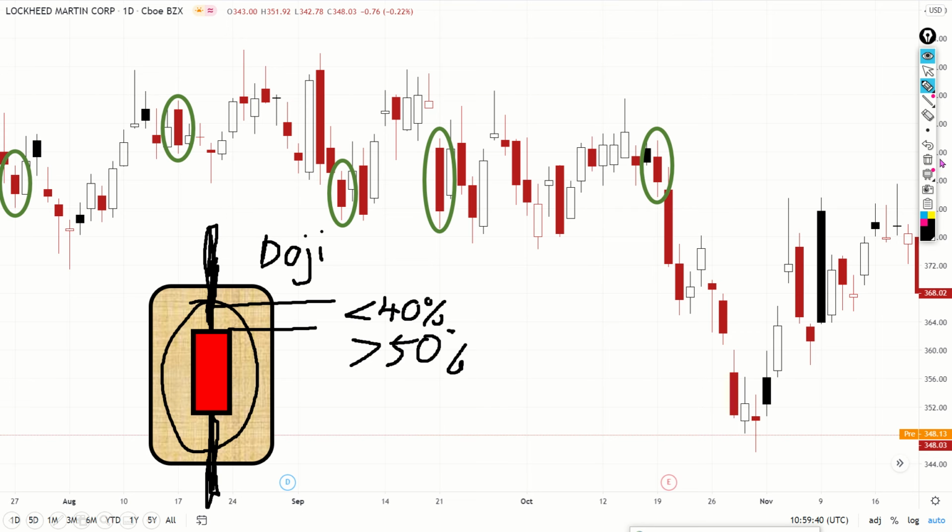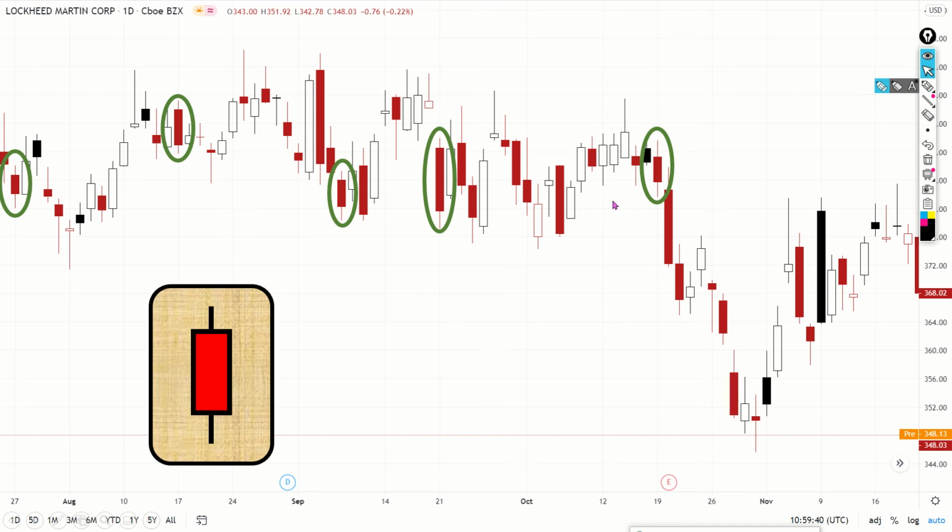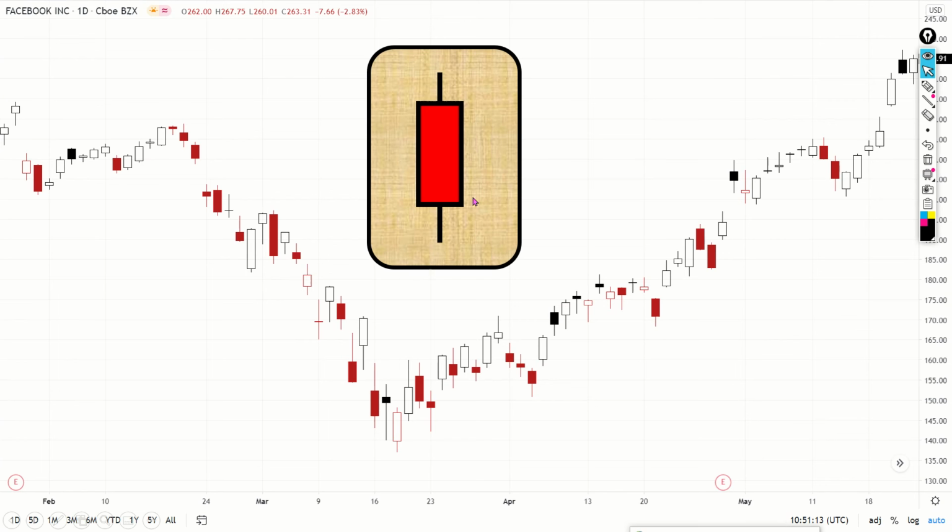All right. They're pretty common, and you can see they're quite frequently present in the charts. Here we can circle some of them. Some are smaller, some are bigger, and they don't always have balanced wicks, because in the original picture you can see that the wicks are quite balanced.